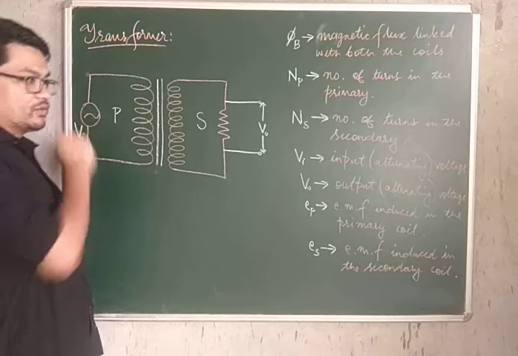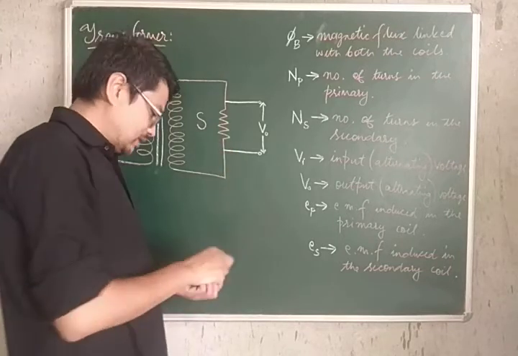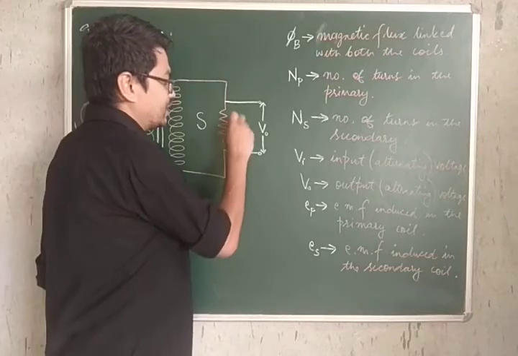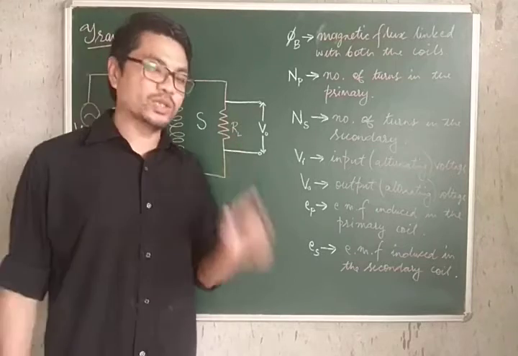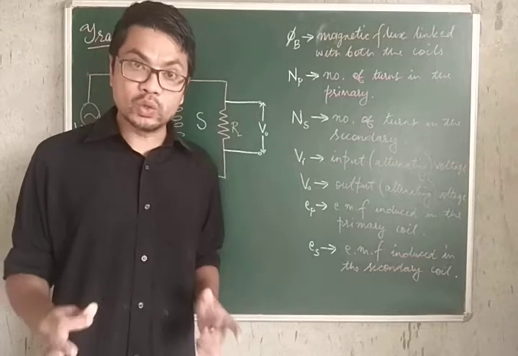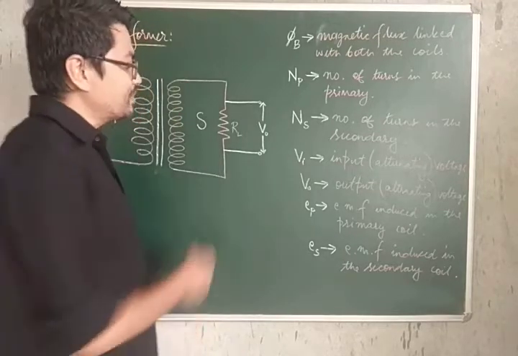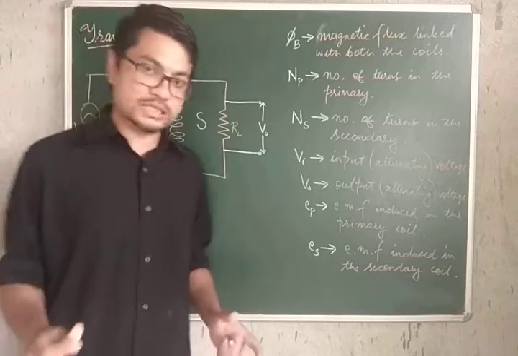You can see the sine wave over here. And this is your output resistance or output resistor, so to say. Basically it's called the load resistor. Whenever we use the word load for a resistor, what we mean is it's a very high value of resistance.